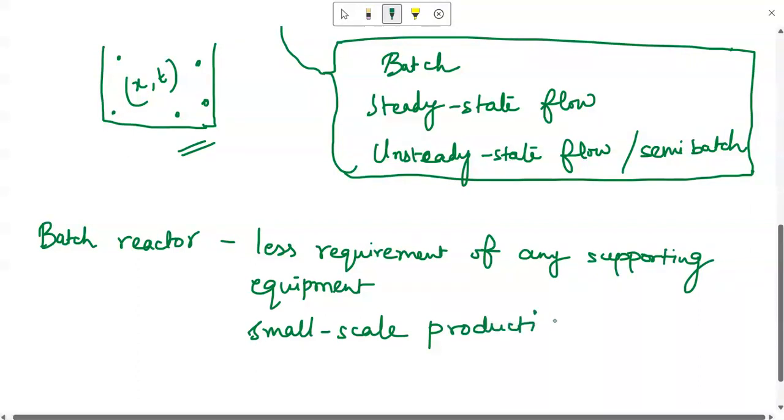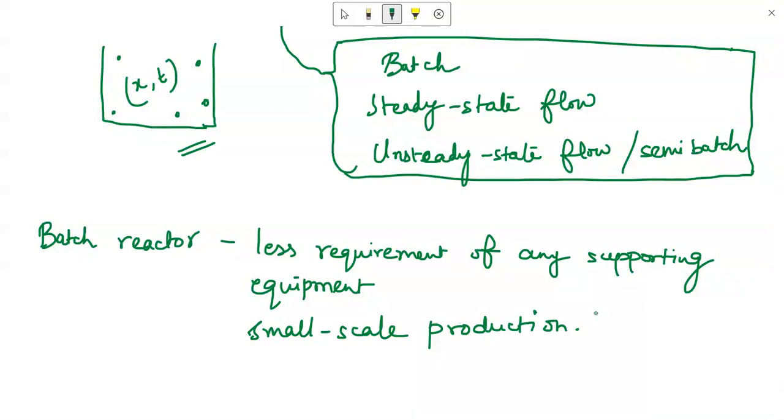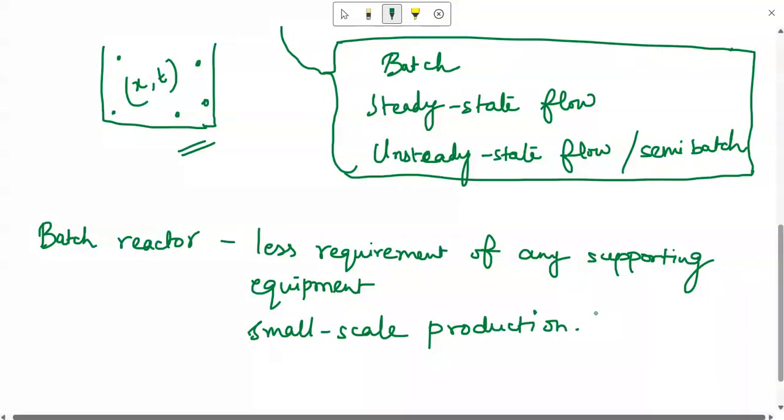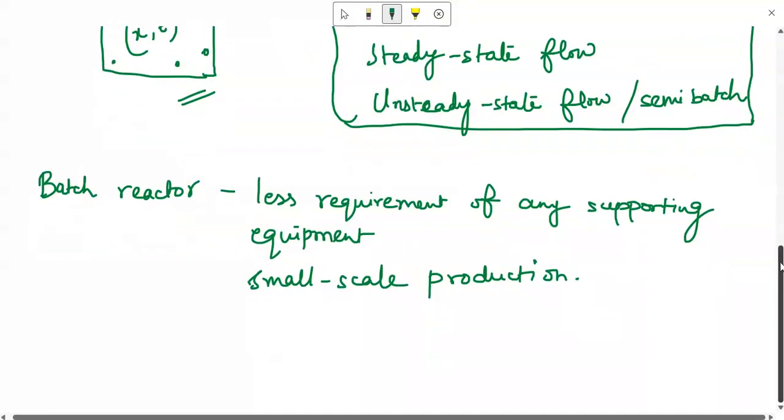Okay, also if you have very subtle processes going on, very small amount but very sensitive materials to work with, then you would generally prefer a batch reactor.